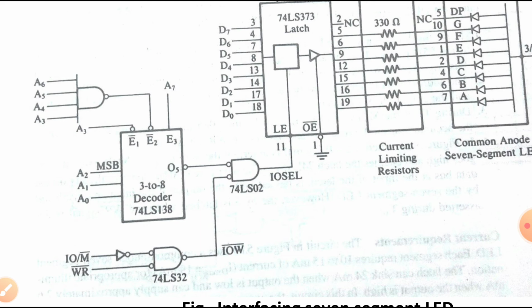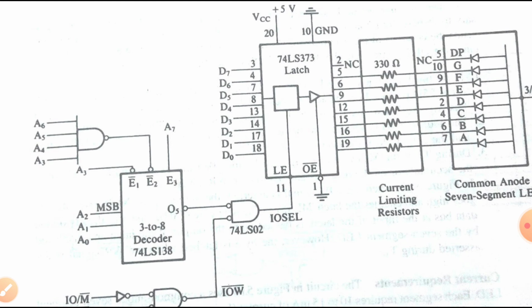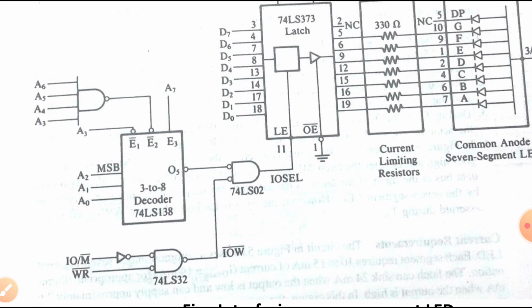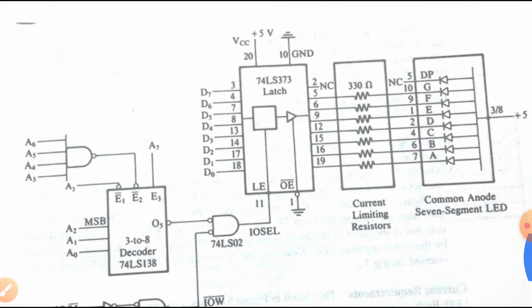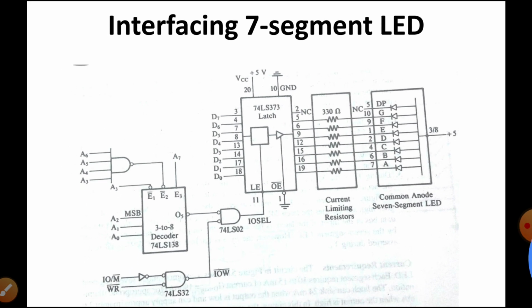The O5 and the input output write signal are the inputs to this AND gate, and it is going to generate the input output select pulse, which will be used to enable the 74LS373 latch. I have told you that IOW is generated with the help of IO/M as well as the write signal. So in this way, this is an interfacing circuit which will be interfacing a 7 segment display LED with the address F5.